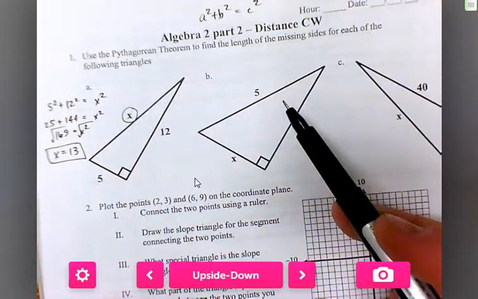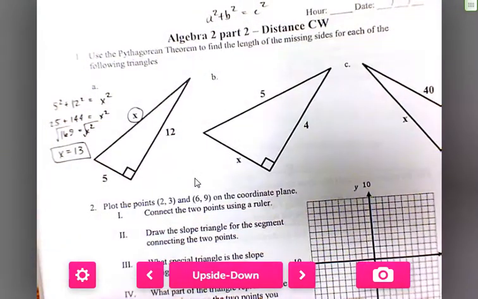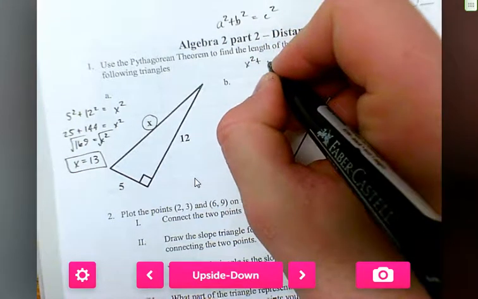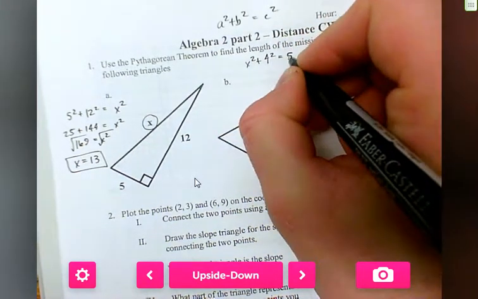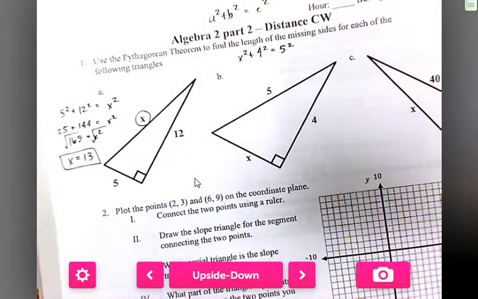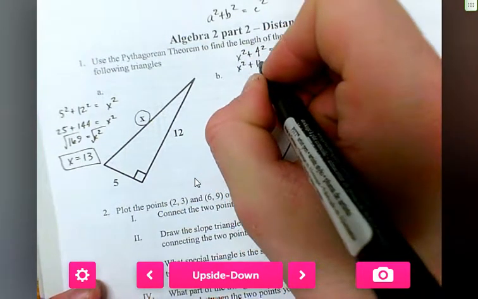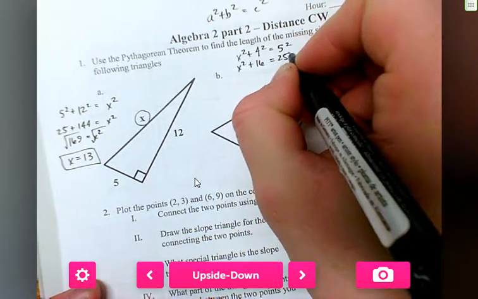All right, so B. Which is the C in this one? Which one is the C? 5. Good. So we've got X squared plus 4 squared equals 5 squared. So now what do we do? Square them out? Okay. So we should have X squared plus 16 equals 25.